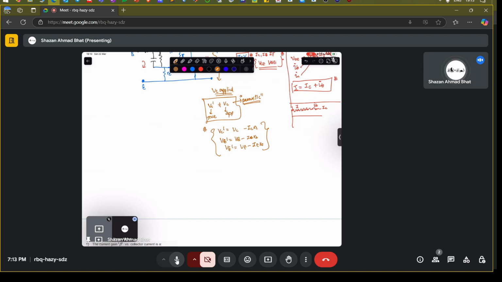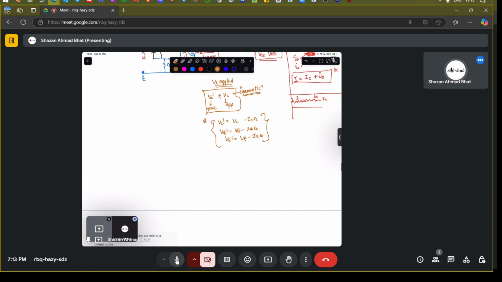Now, what is important here? We are going to talk about one more thing, which is the cutoff frequency from this hybrid pi model.